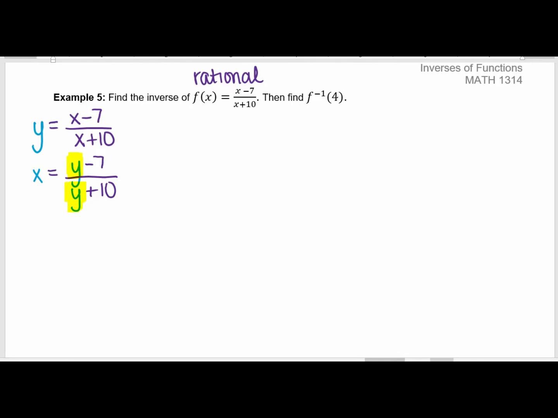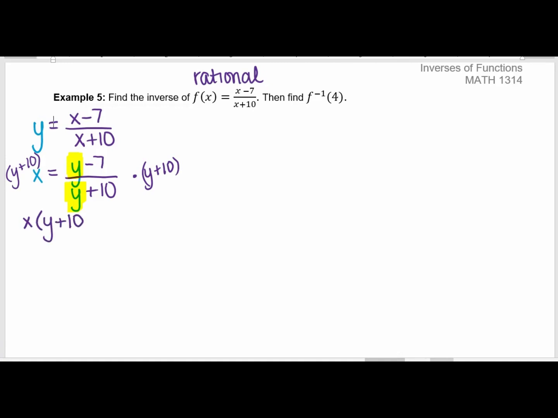I know that you hate fractions. Almost everyone except for mathematicians and bakers hate fractions. So let's go ahead and get rid of the fraction. What we're going to do is take both sides of our equation and multiply it by our denominator, multiplying by the LCD, least common denominator, or in this case, the only denominator.